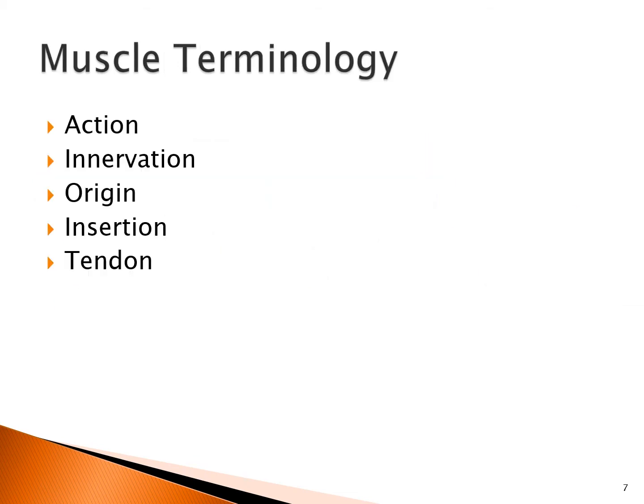In terms of muscle terminology, there are a few different terms we need to be aware of, and we will apply these once we get to lab starting on Monday. We'll be talking about the action, innervation, origin, and insertion of each muscle that we discuss.